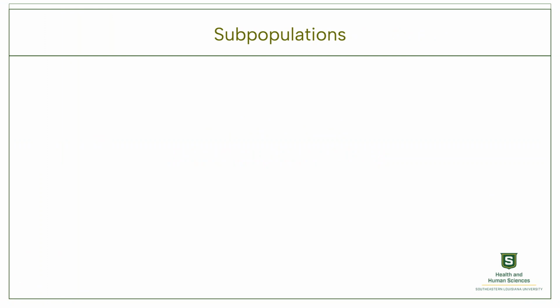Before we go into it, it's important to explain what subpopulations are, because to be able to use a policy analysis framework, it's important to look at subpopulations in such a way that you use policies to address inequities or to reduce health disparities.